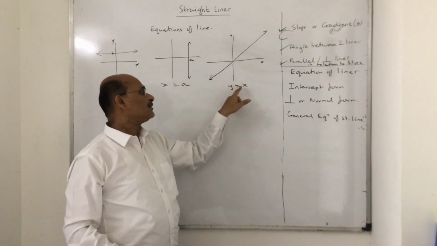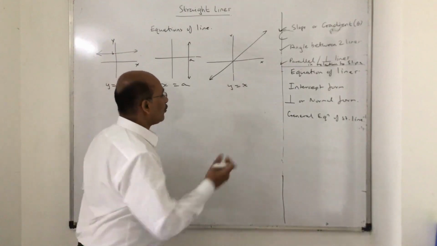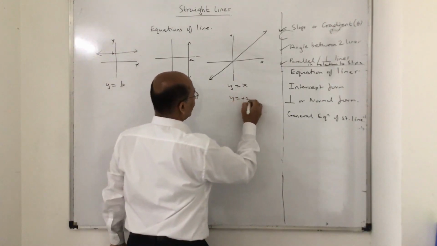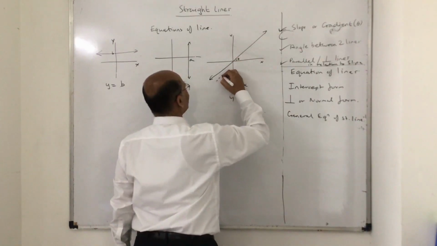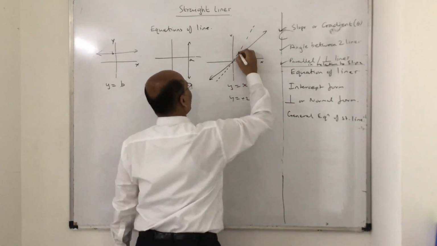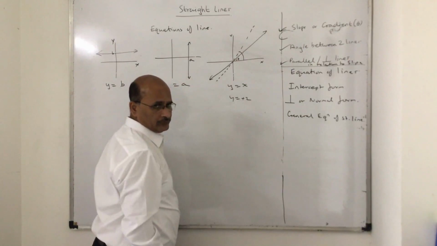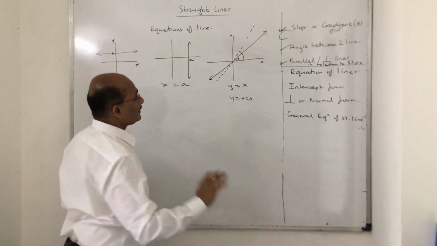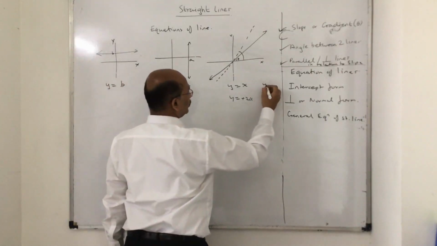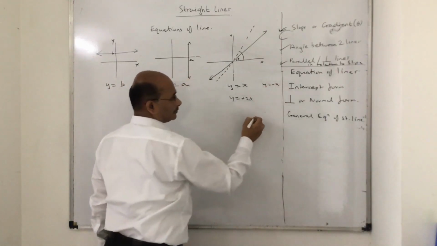So when I say y is equal to plus 2x, what will happen? The inclination, this angle, will change, that's all. Otherwise it can be like this. The angle can change, but the line will pass through the origin. But suppose it is y is equal to minus x.